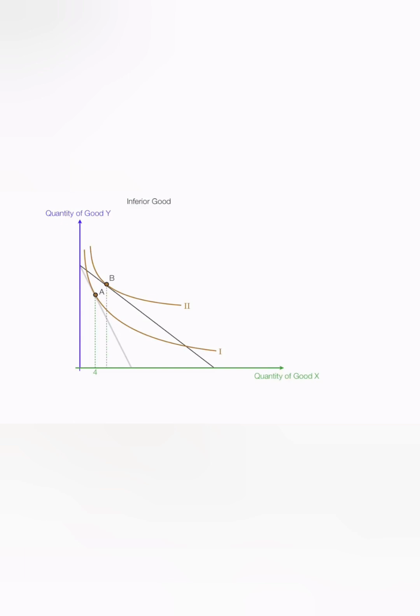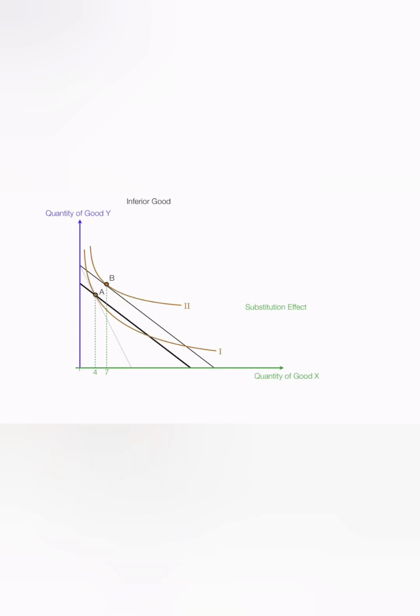And at point B, the consumer is going to consume 7. So the total effect is 7 minus 4. I will label that T. For the substitution effect, I will take that budget line, the new budget line, and I'll make another line.